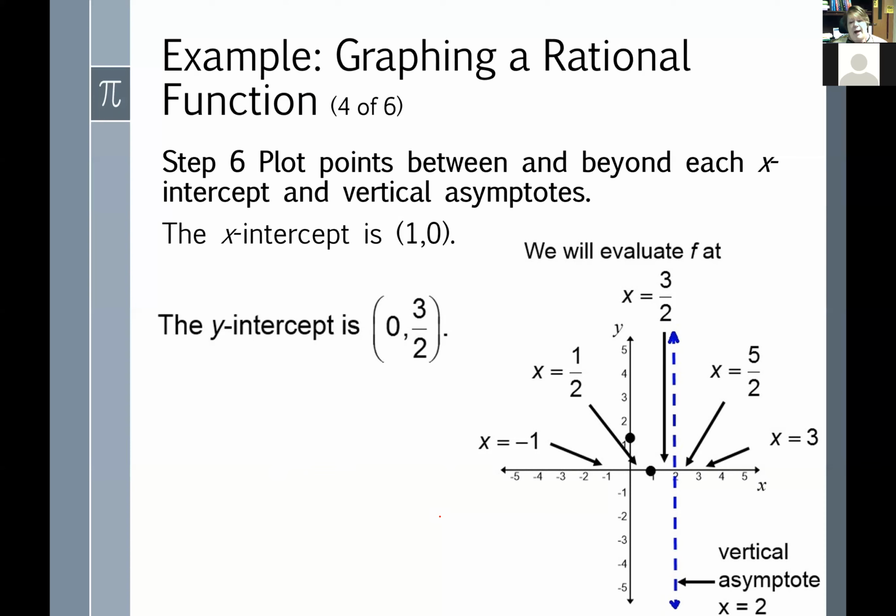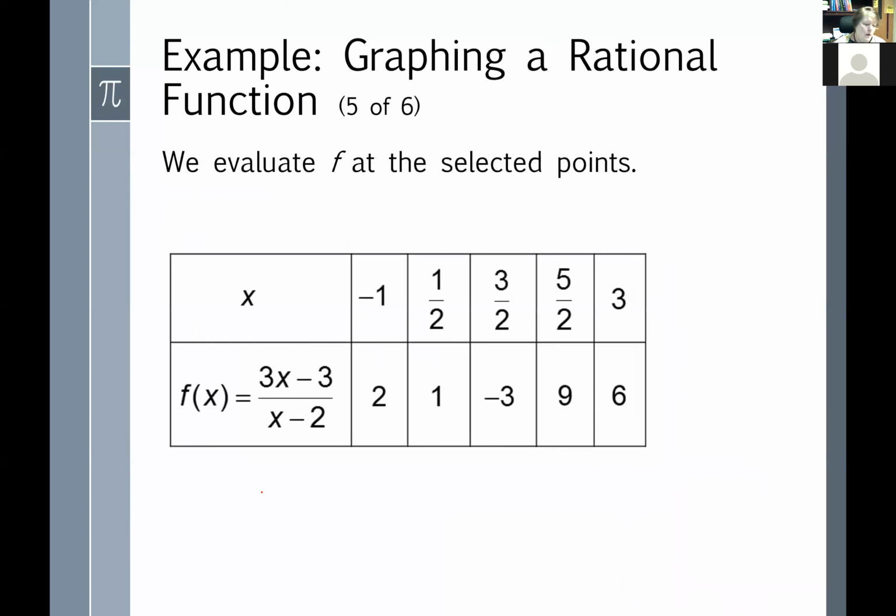Okay, so we graph the x-intercept at 1, we graph the y-intercept at 3/2, we graph the vertical asymptote at x equals 2. And then they recommend that you find points.